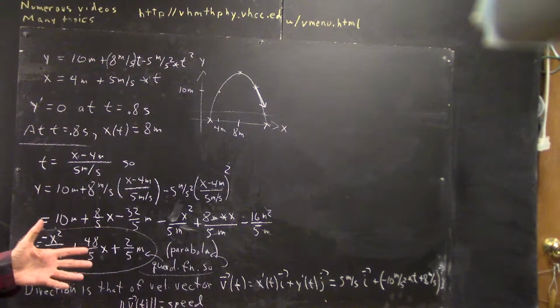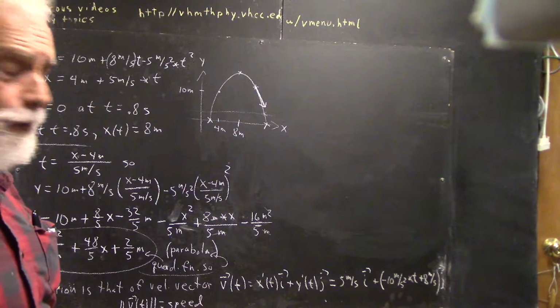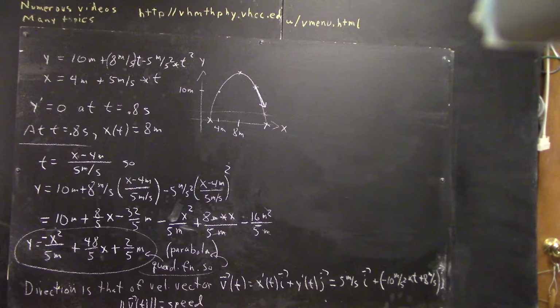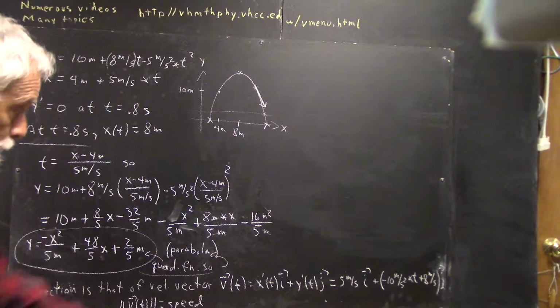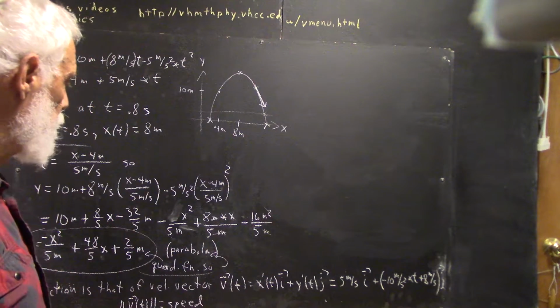Okay, what's the speed? The speed is the magnitude of the velocity. And reiterating what I said before, we did this on, I think, about the first day of our vector calculus course. So you want to review that, but this is just one simple application of vector calculus.